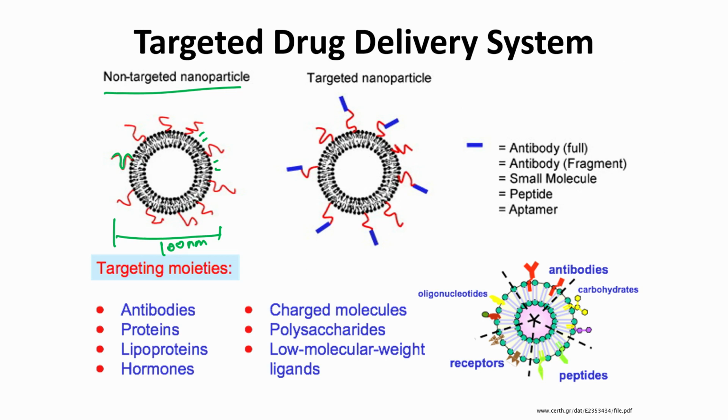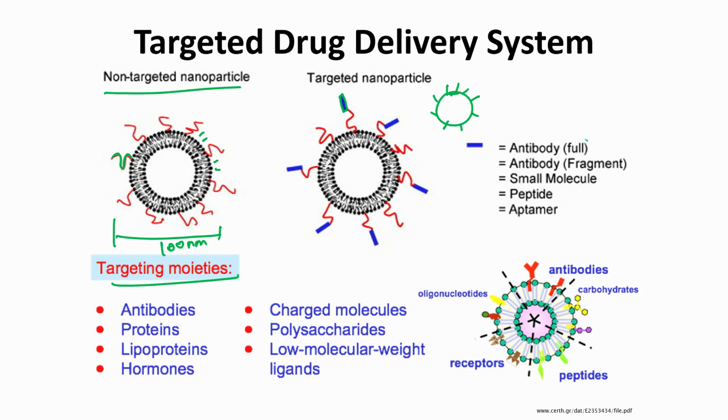But if you are looking at a targeted nanoparticle, you can modify it in such a way that the exterior surface, whether it is the PEG chains or just the particle exterior, is modified with some target or some ligand that is specific for the disease you are looking at. Again, there are several targeting moieties that one can go through.